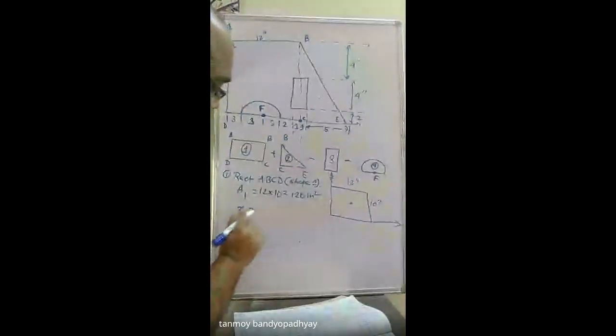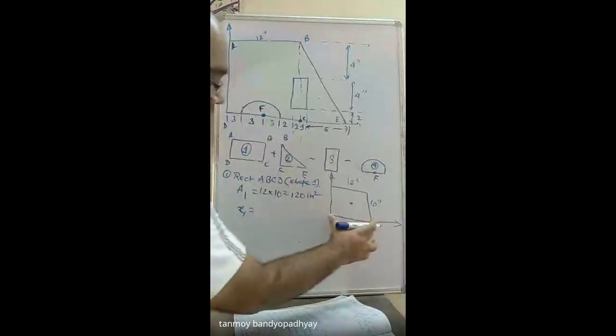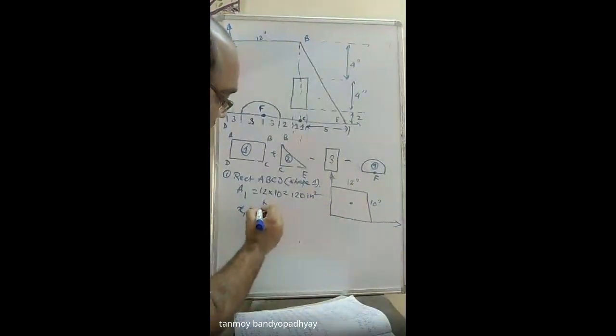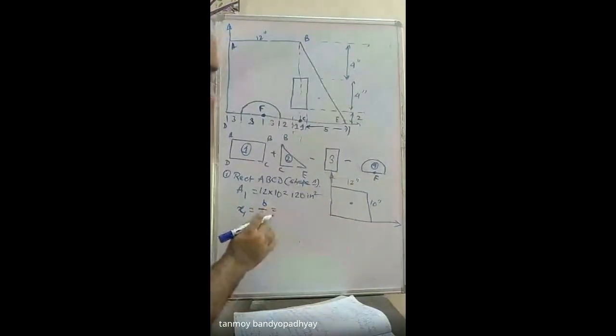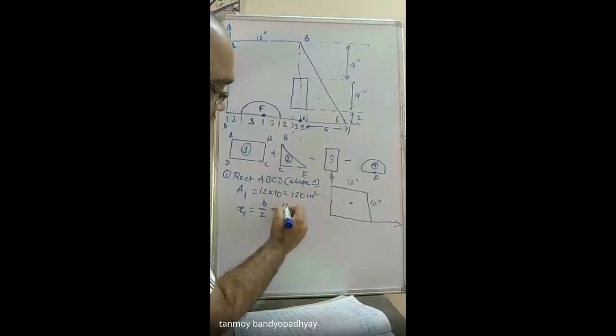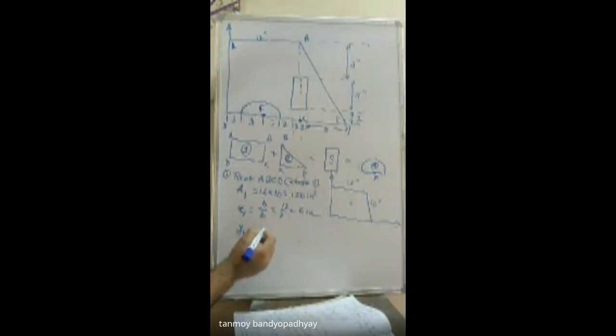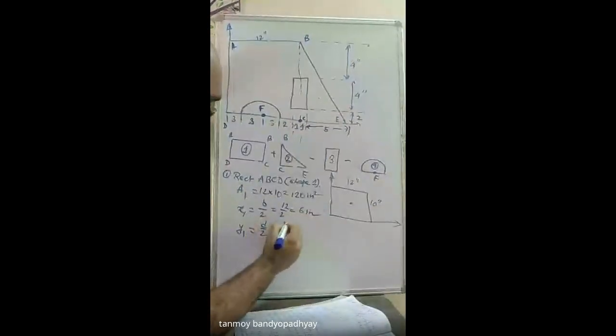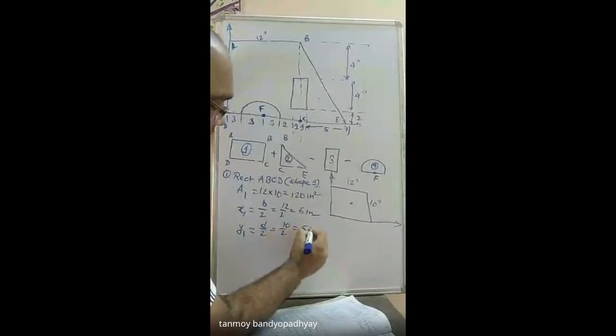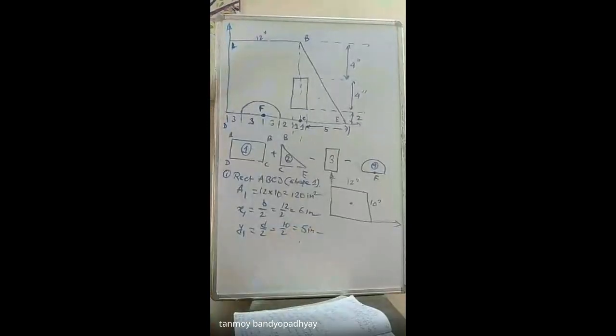So x1 is breadth by 2, where breadth is 12, so 12 by 2, that is 6 inches. And y1 will be depth by 2, that is 10 by 2, that is 5 inches. Okay?